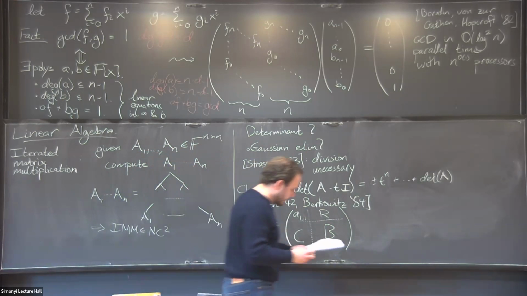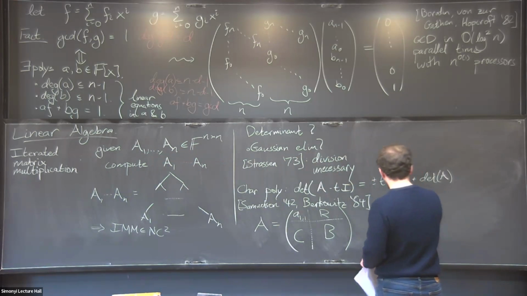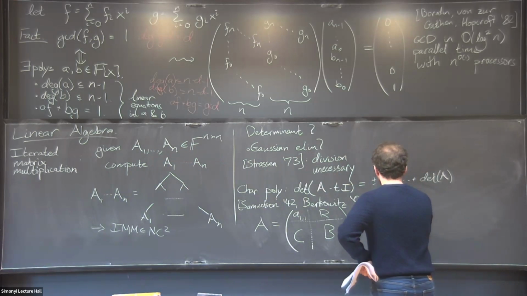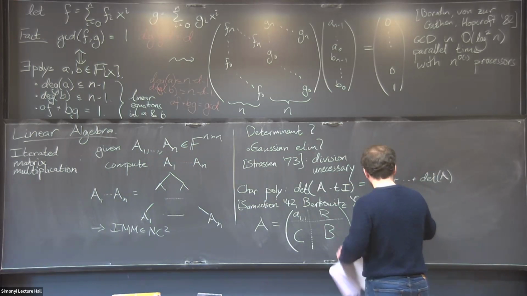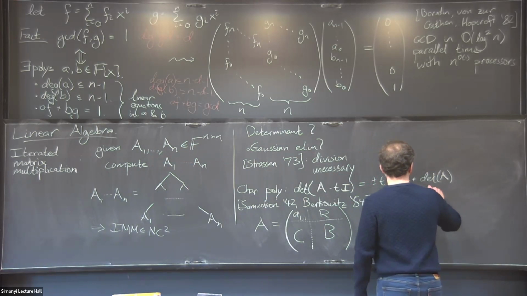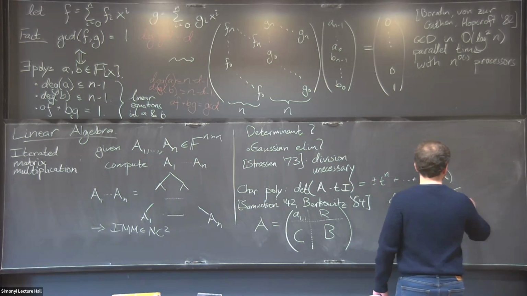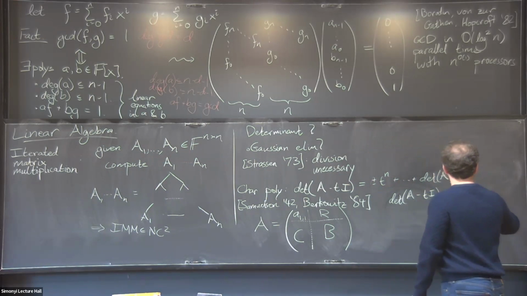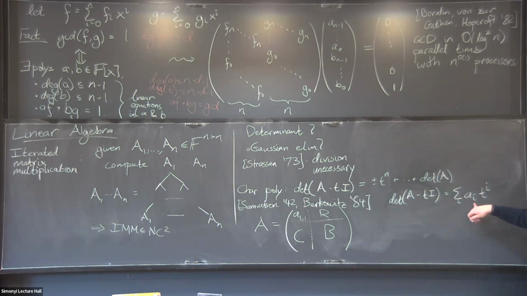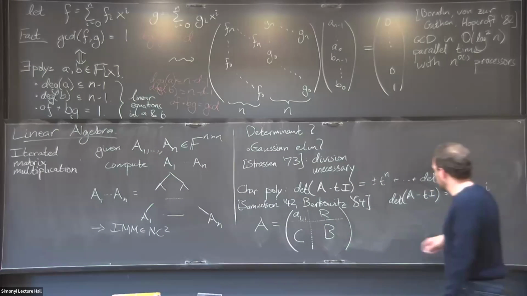Now, what's amazing about this is, one piece of notation: I'm going to use a_i for the coefficients of A's characteristic polynomial.